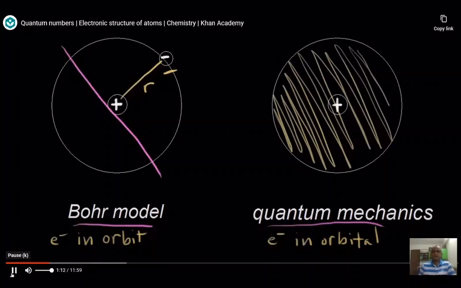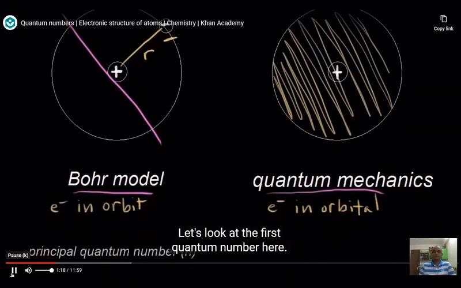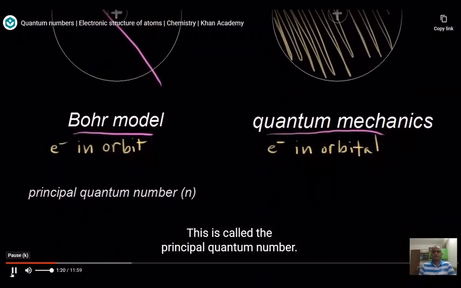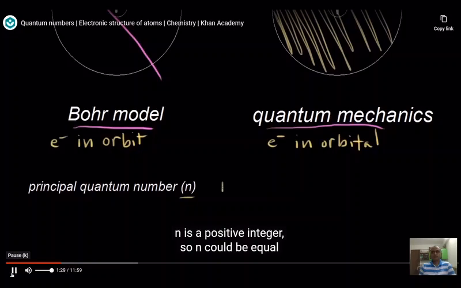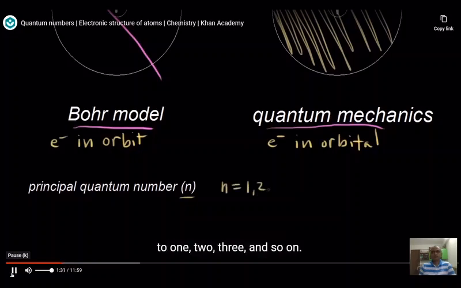We can describe those electrons in orbitals using the four quantum numbers. Let's look at the first quantum number, the principal quantum number, symbolized by n. n is a positive integer, so n could be 1, 2, 3, and so on.